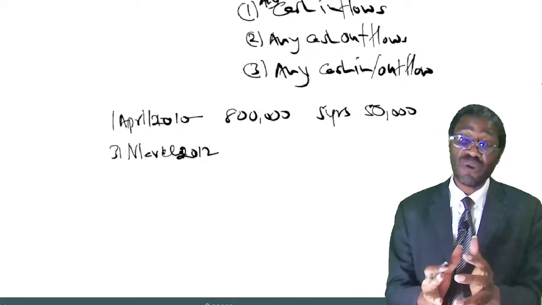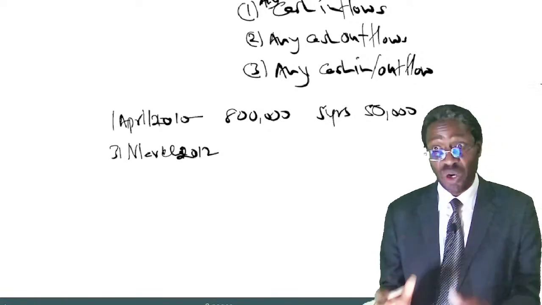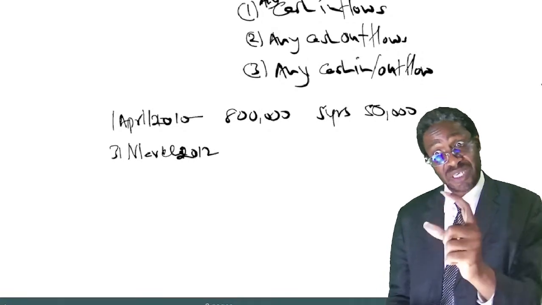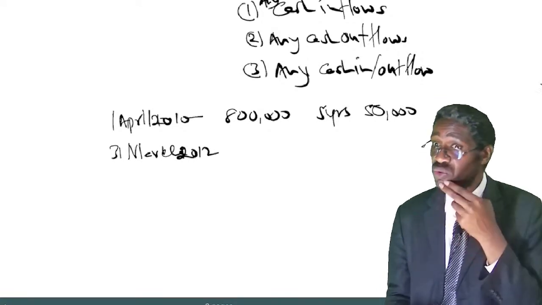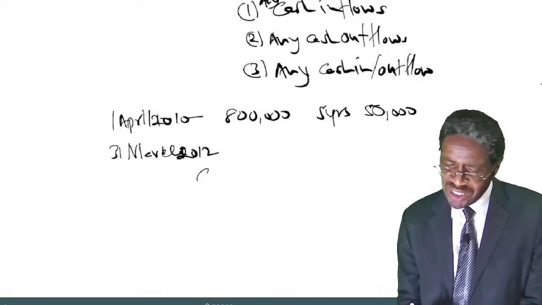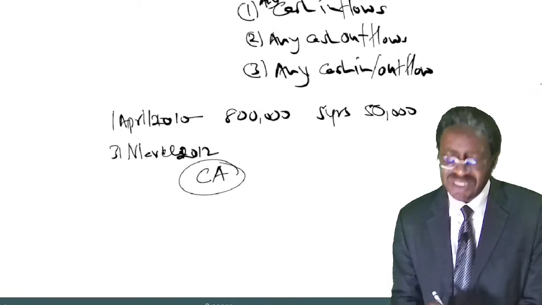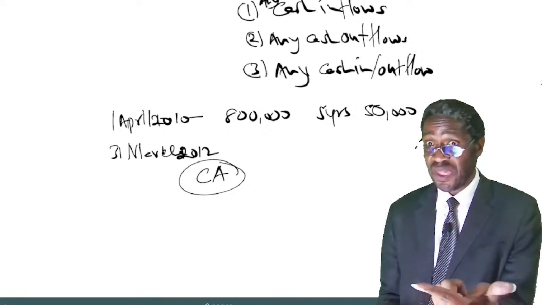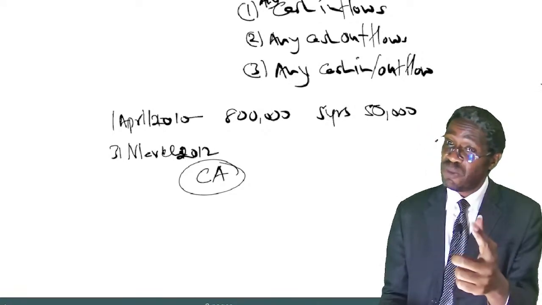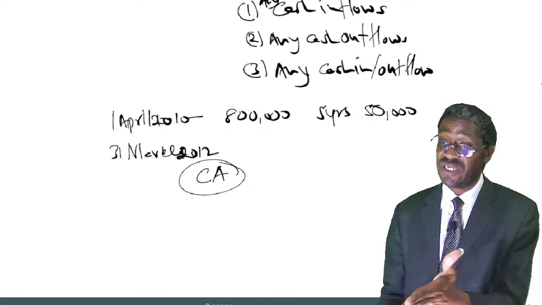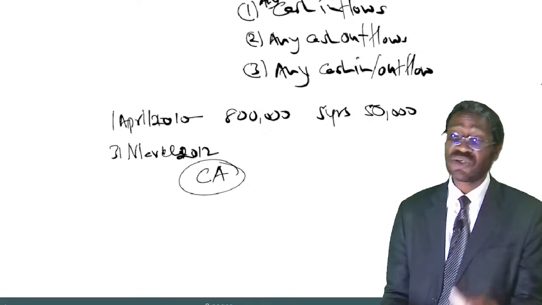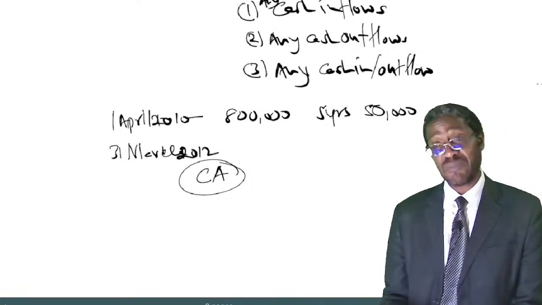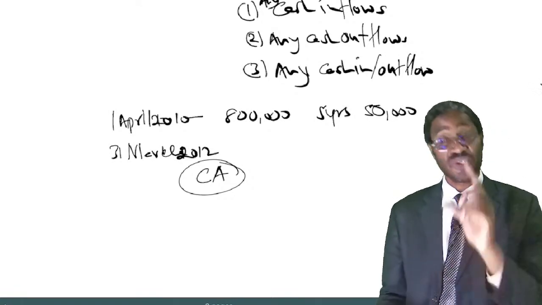We are testing for impairment in 2012. So what this question wanted you to do first is calculate the carrying amount of the plant as at 31st of March 2012. I am given the value of the plant on 1st April 2010, but I'm not testing my plant on 1st April 2010. I'm testing the impairment on 31st March 2012.